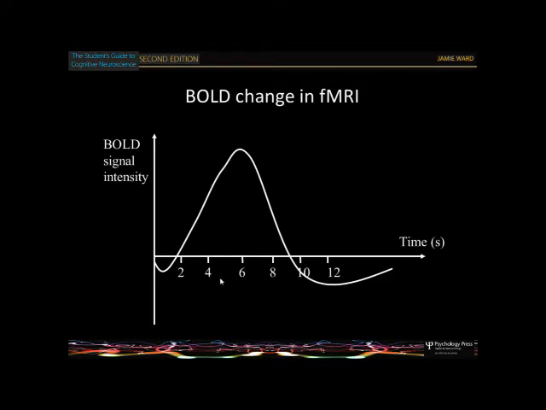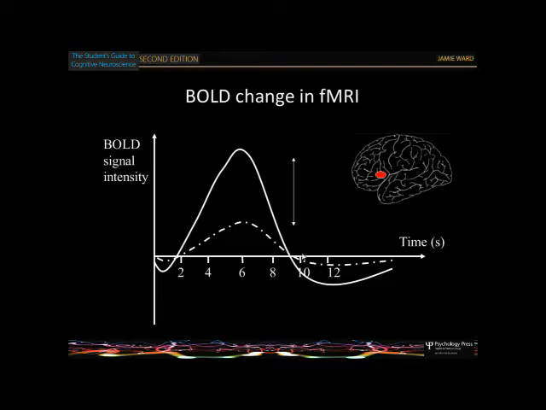So although you're using up oxygen, paradoxically you end up with more oxygen in the region than you would otherwise, because you overcompensate by dilating your blood vessels and pumping more blood in. And essentially this is what you measure here. What then happens is that over time, the arteries and veins relax, and the opposite happens, you flip over and then you reach baseline. So it looks like this.